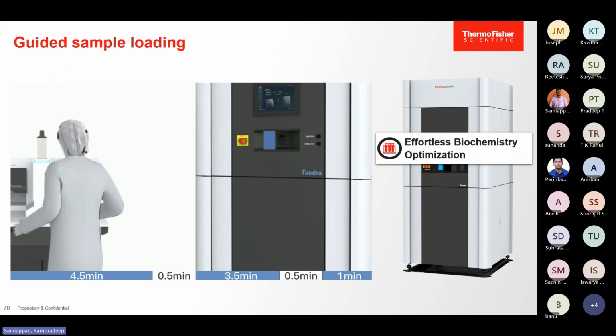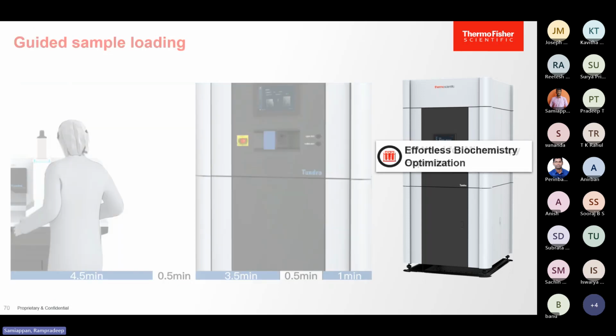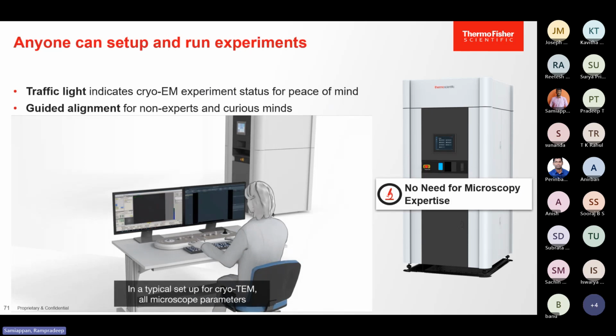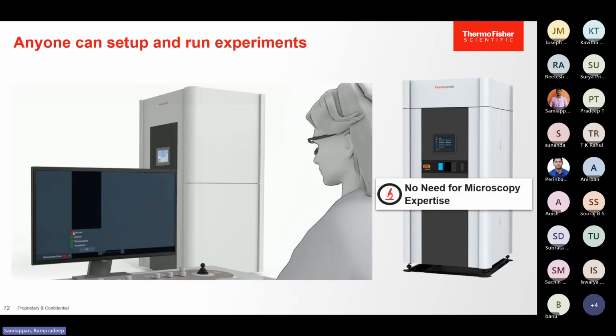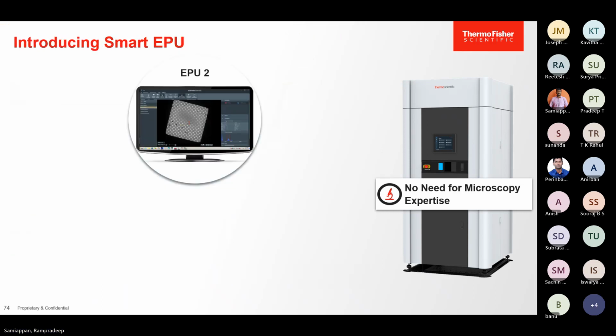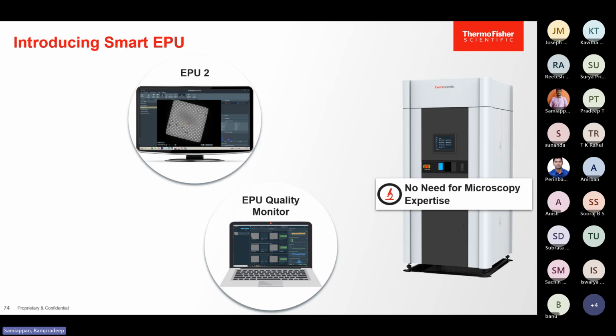This is just an example of how quickly you can load the sample, and there is no need for microscopy expertise. You can learn the technique and collect the data on your own. This is an advanced software with a smart EPU.